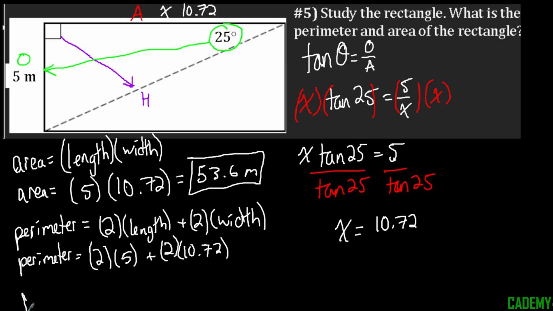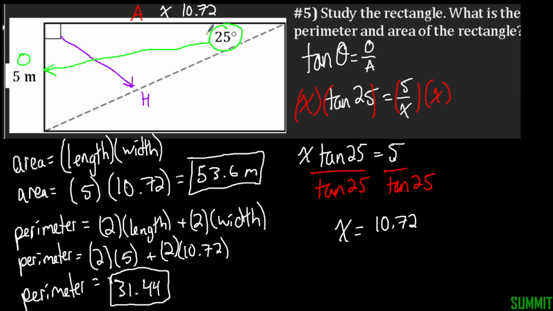Perimeter equals 31.44. Another way you could have done perimeter is to label the opposite sides on a rectangle as equal, so I could have labeled this as 10.72 and this is 5, and then added up all the sides, and it would have been the same answer, but the way I showed you also still works.